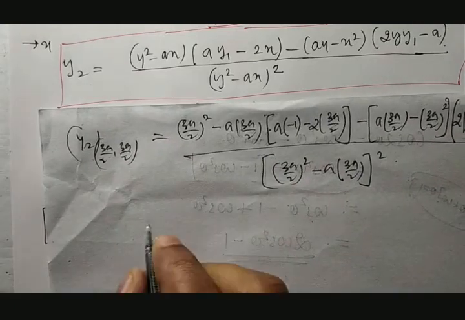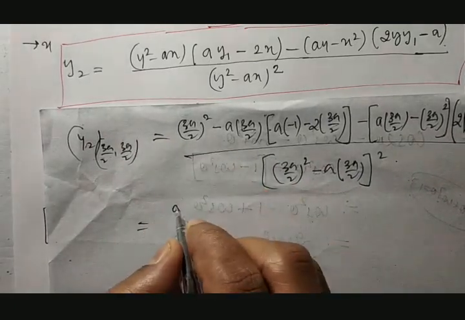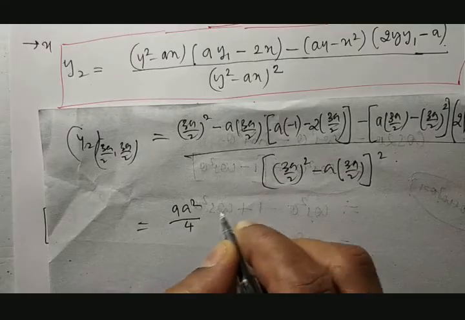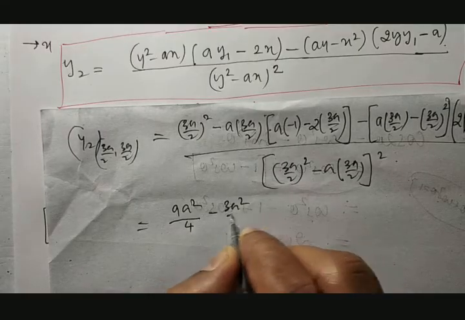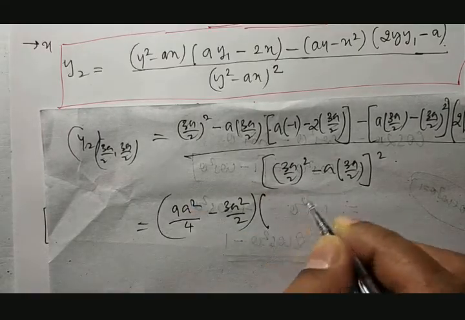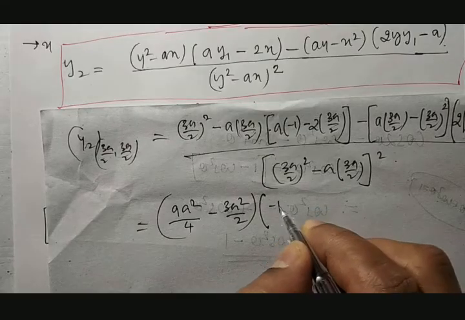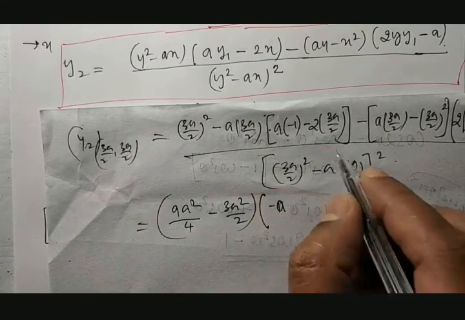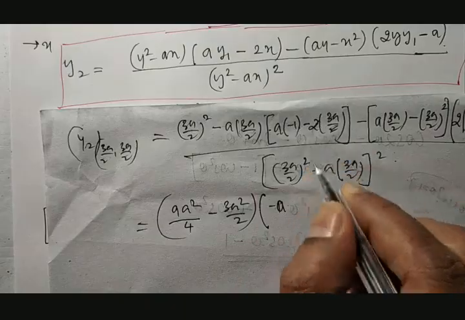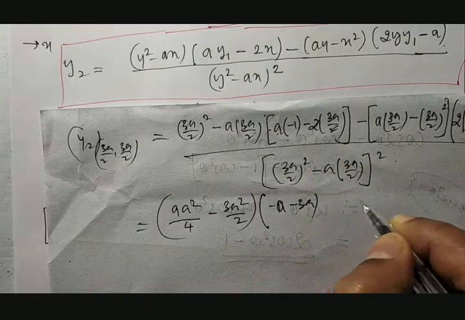Fine. Calculating this, it becomes 9a square by 4 minus 3a square by 2 into, this is minus a and it is 2 to get cancelled, so minus 3a. Fine.